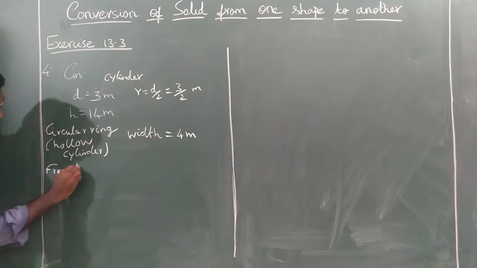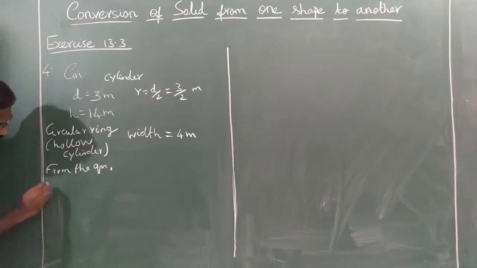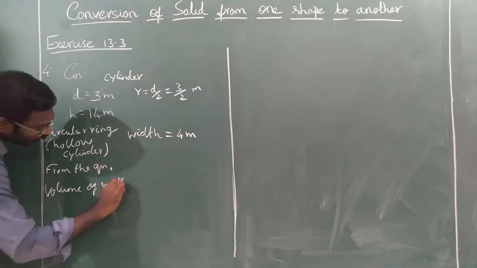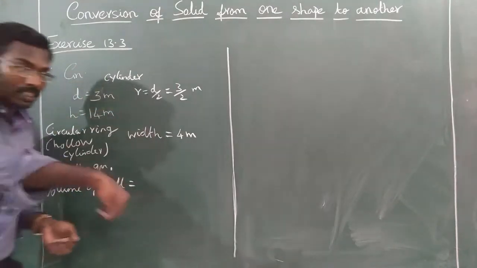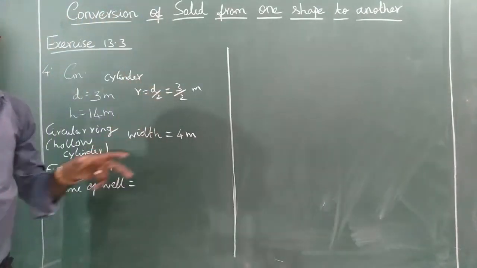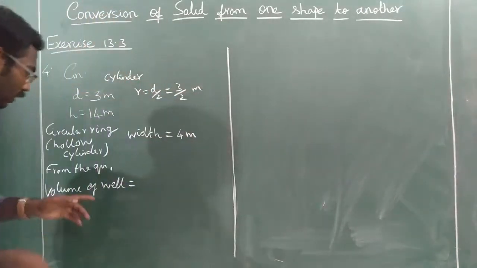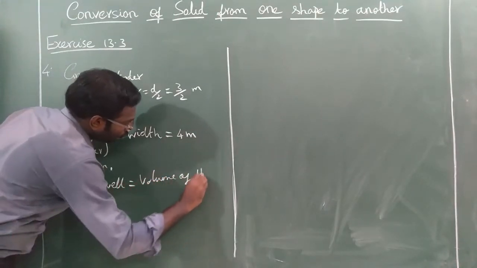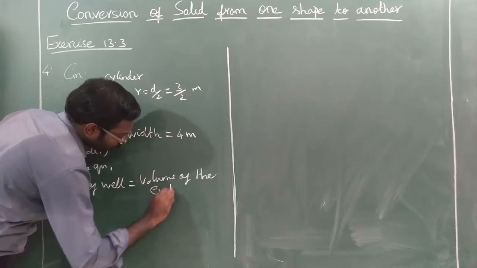From the question we know that volume of well is equal to how much earth is taken out from the well, that much earth only is used for the embankment. So that is equal to volume of the embankment.